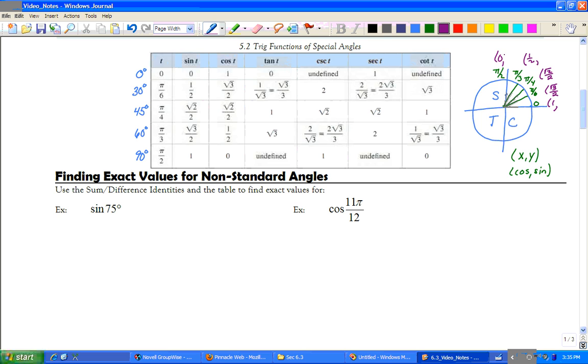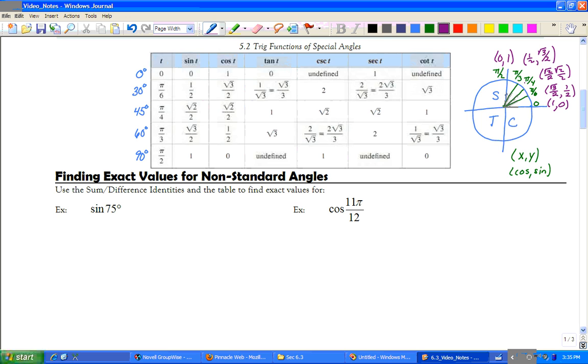The numerators just kind of decrease. And then we do this in the reverse order for sine. We start up here at 1, then the square root of 3 over 2, square root of 2 over 2, 1/2, and then 0. And again, remember you can apply these to any quadrant based on the corresponding reference angle.